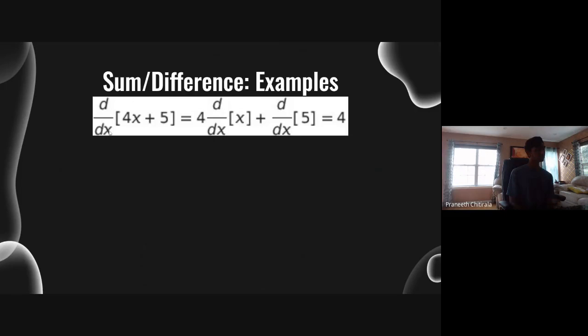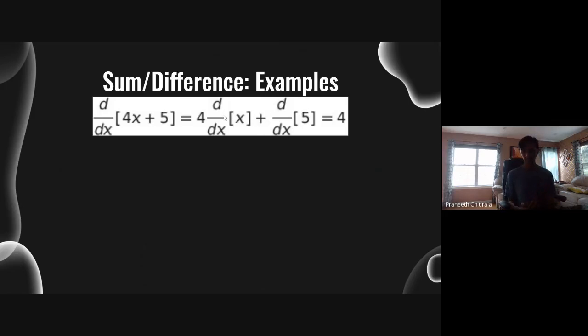The derivative of 4x plus 5. We'll separate these two. We're going to use the property of a constant times a function and the sum rule. So we separate these two functions to get the derivative of 4x plus the derivative of 5.